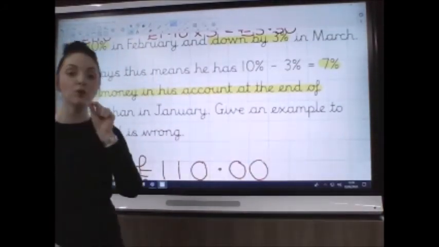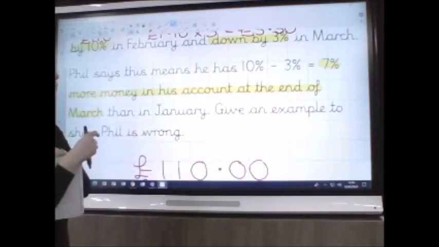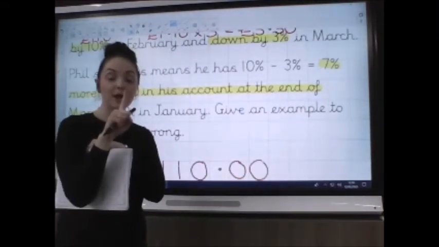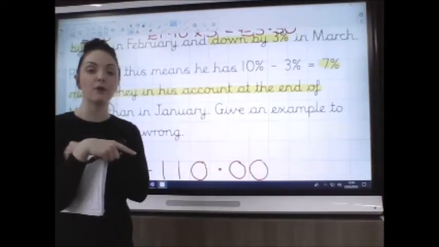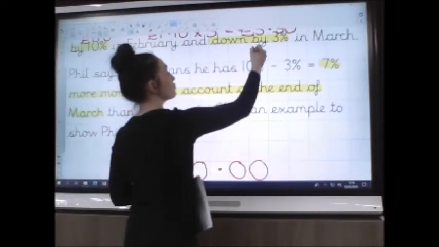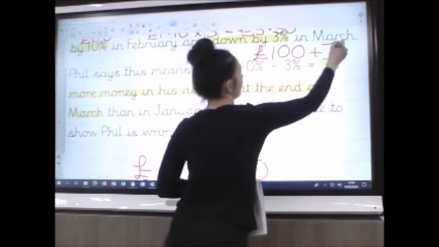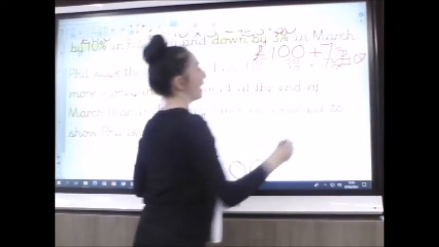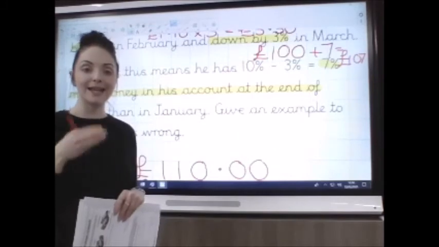So if he started with £100, 7% of 100, so 1% would be £1, wasn't it? 100 divided by 100 is £1. Times it by 7 is £7. So 100 add 7 is £107. Okay, so he's saying that that's how much he's definitely going to have.